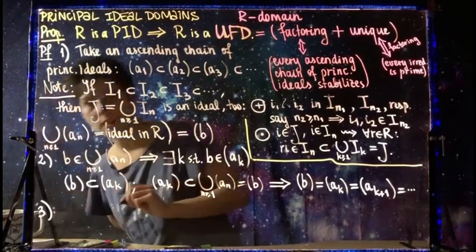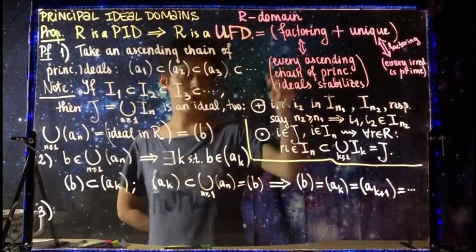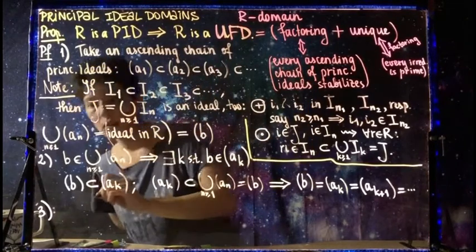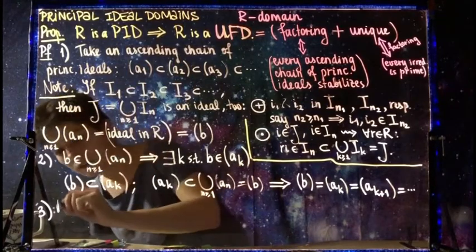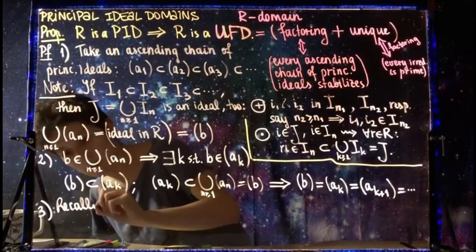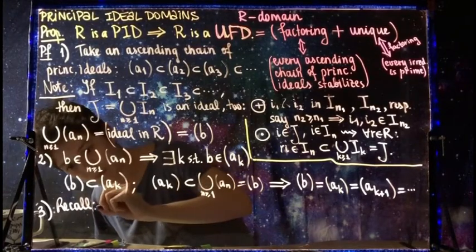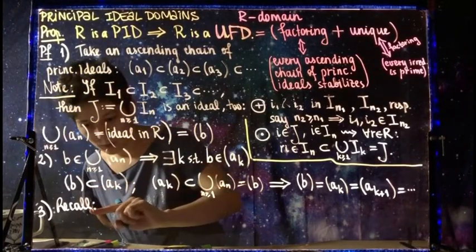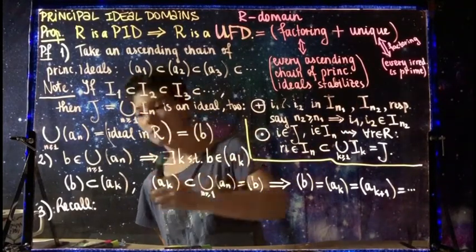And for the third step, since we know the fact about factoring, we show that factoring is unique by recalling from the previous lightboard that every irreducible element in R is prime.